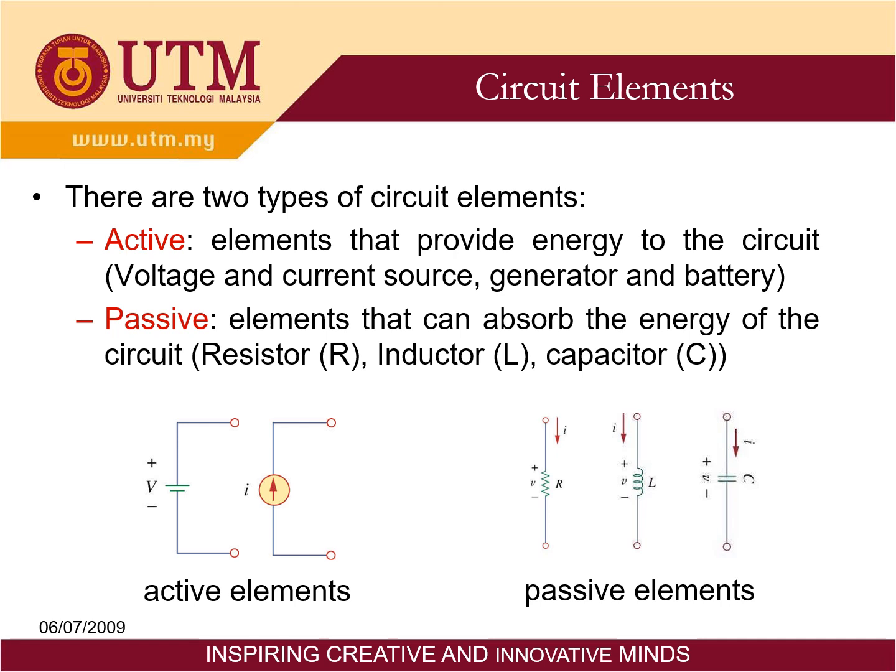You need to know the definition of the active element and passive element, and then the function and examples. For active elements, there are voltage source, current source, generator or battery. For passive elements, it can be resistor, inductor or capacitor. So you just memorize this.